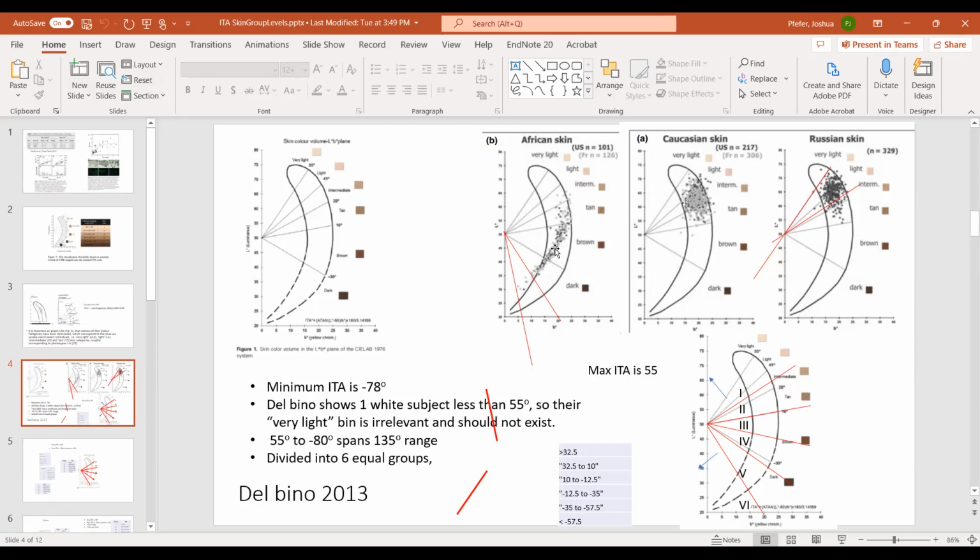You can do that with six bins, like Fitzpatrick. You could do it with 10 bins, like the Monk scale. But whatever approach is best for a statistical analysis should probably determine that. But this is the way that I think is the optimal approach for implementing ITA.